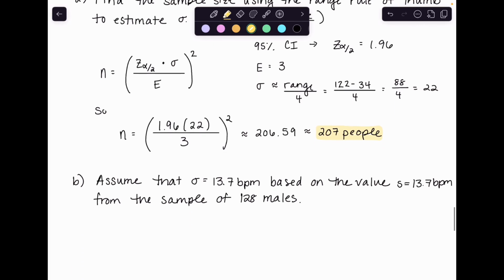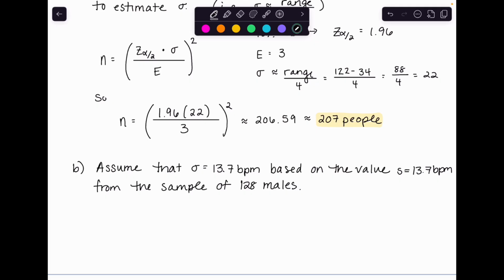Now, if I assume I find the actual sample standard deviation, and that's 13.7, if I assume that's the true standard deviation, let's figure out how many people we need here. So nothing else changes except the value that I'm using for sigma.